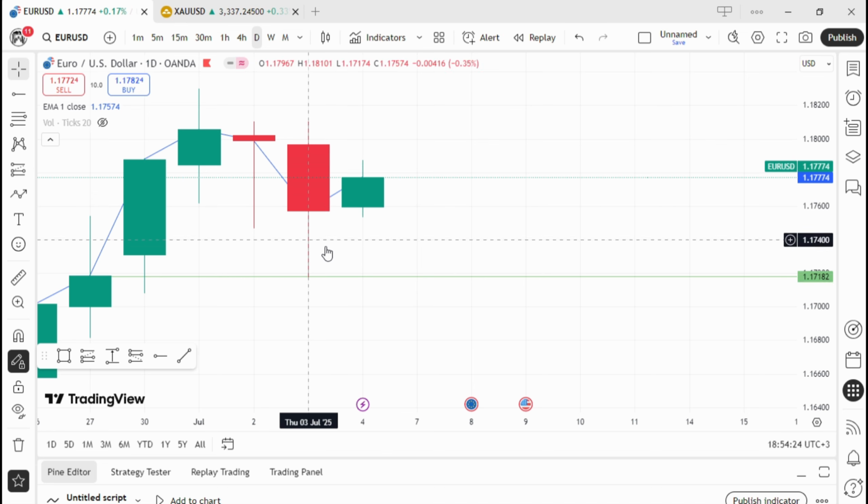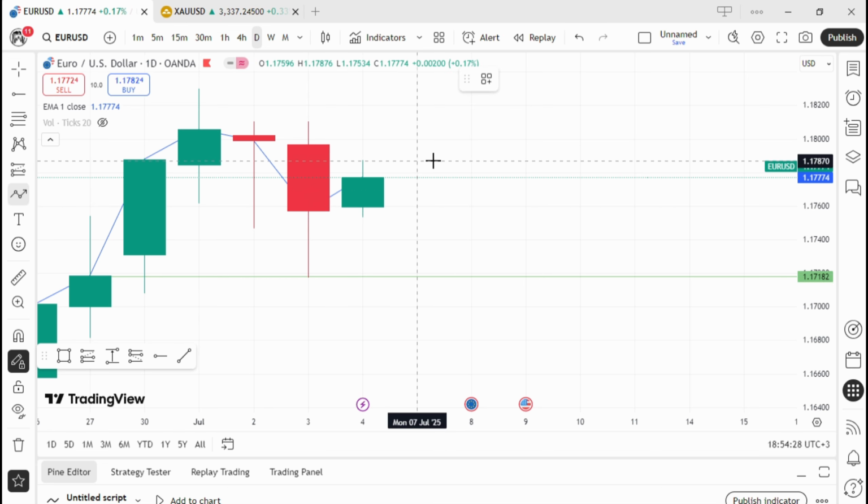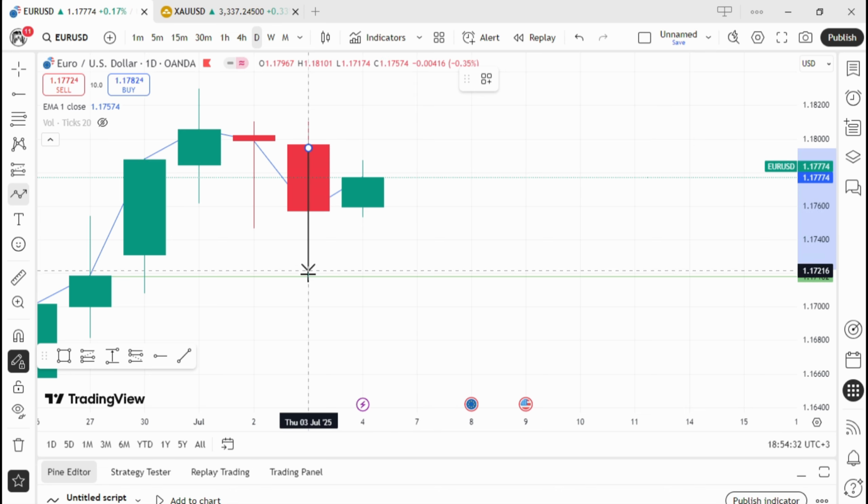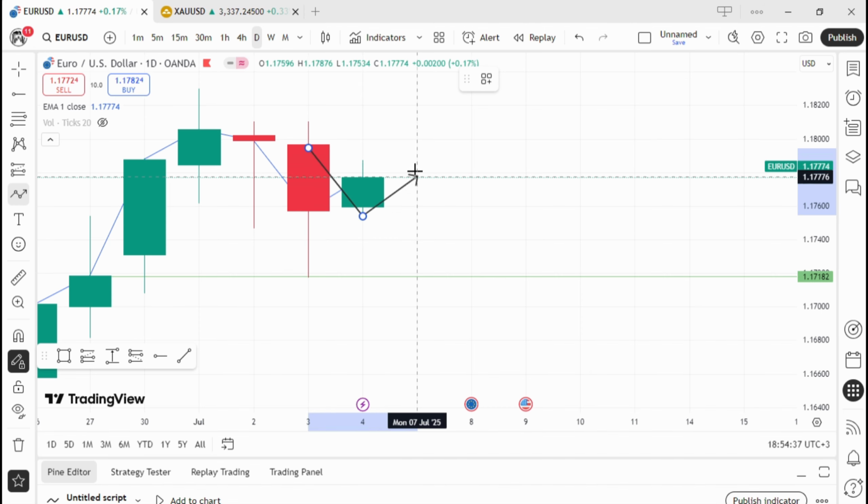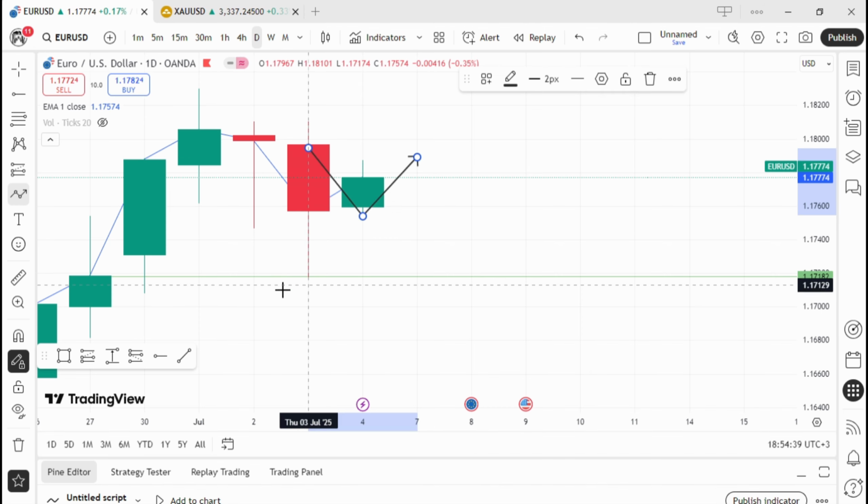So when trading SNR, we know that a candlestick failing to break a level doesn't necessarily mean a change of direction.